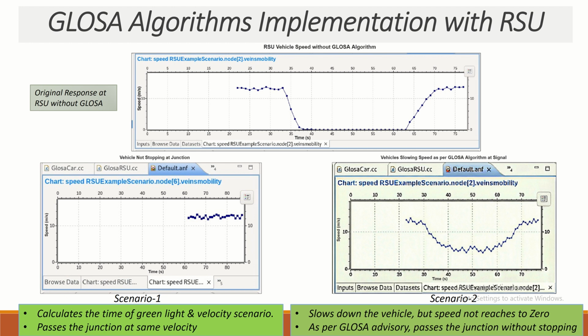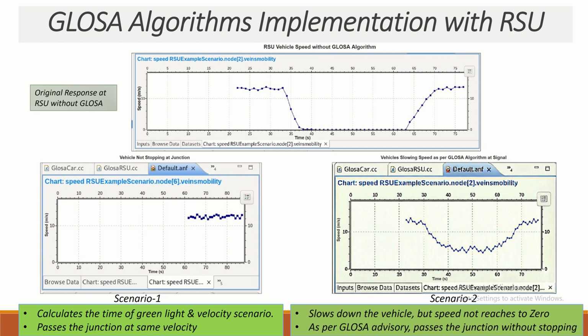This causes a huge loss in fuel efficiency and a lot of carbon emissions. Next is the scenario when we implemented GLOSA. In this case, the vehicle approaches the signal.